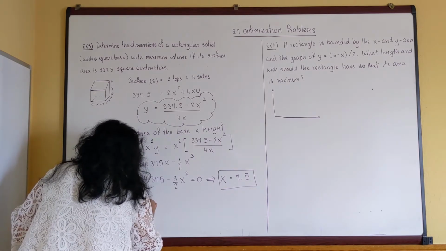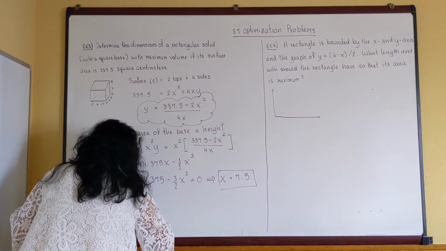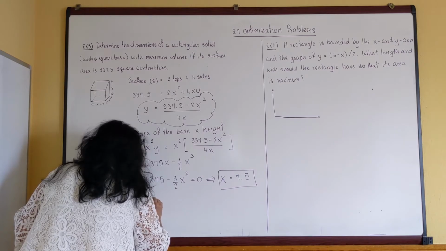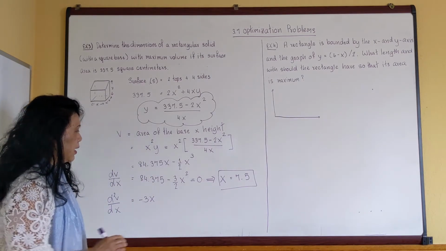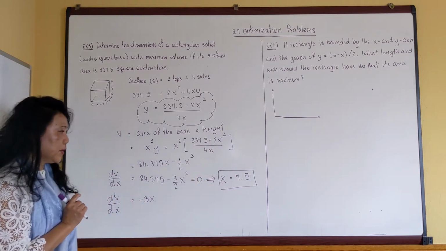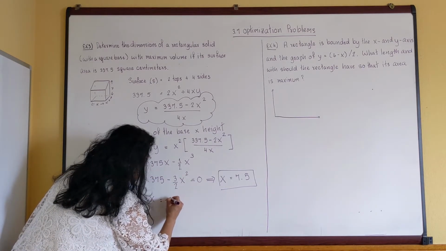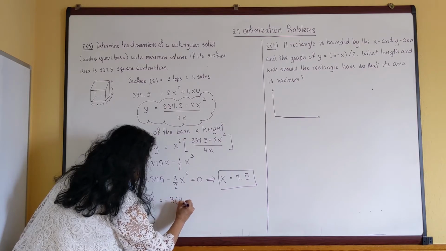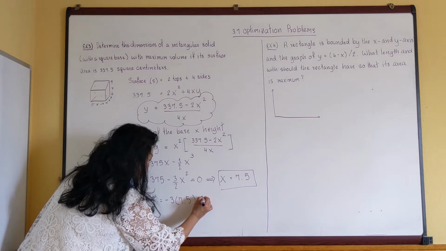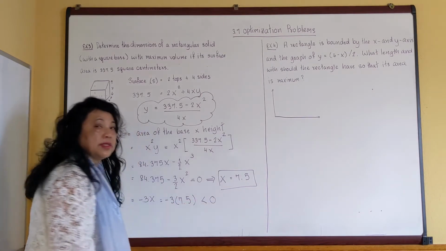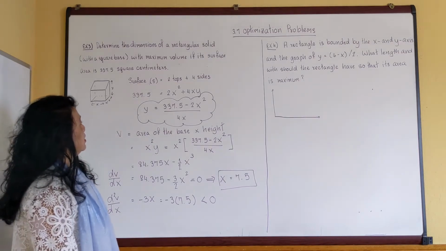I have negative 3x. Alright, if I substitute the critical number, which is 7.5, obviously it is less than 0, so that is a relative max.